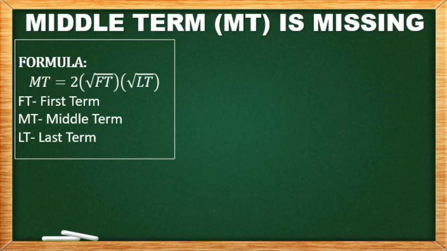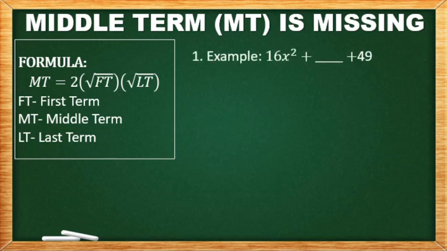Kung naalala nyo kung paano natin ma-check ang middle term to say that the trinomial is PST, multiply lang natin ang 2 sa square root ng FT at sa square root ng LT. Again, FT is first term, LT is last term.